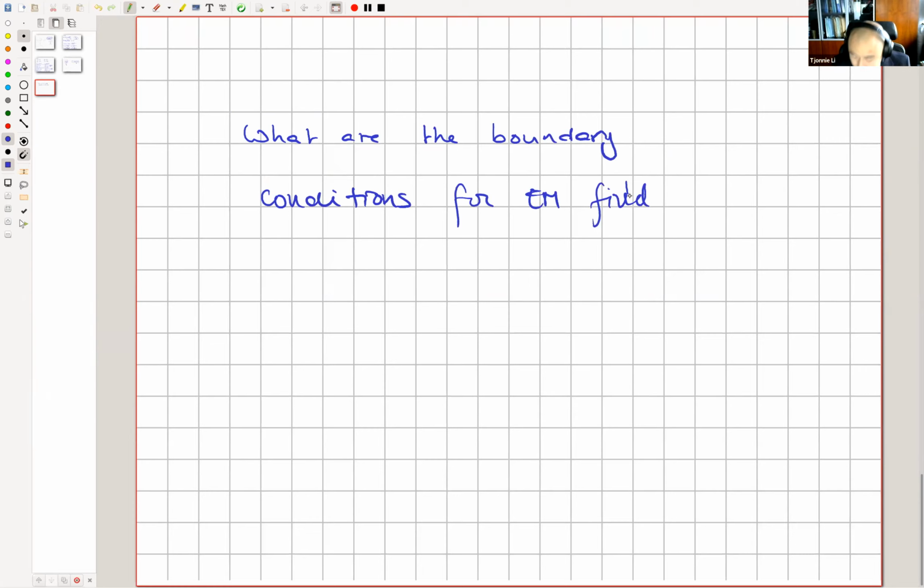And in this case, I do mean free space, because after this, we'll take a look at the boundary conditions when we talk about dielectrics and magnetized materials. So let's come back at 2:05, and then we'll take a look at the answers for this. But for the time being, recap for yourself the boundary conditions for the electromagnetic field. Okay, see you in a bit.